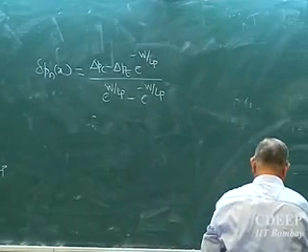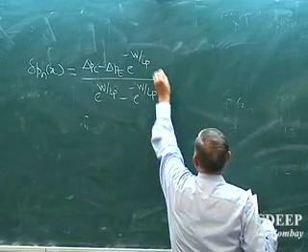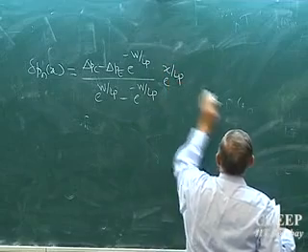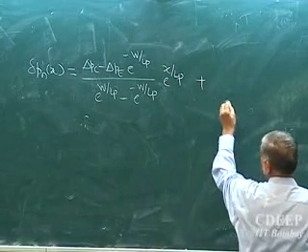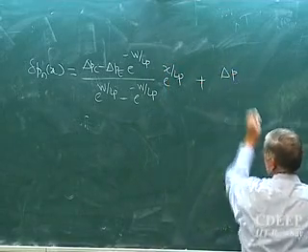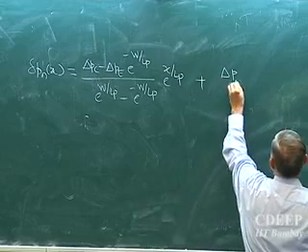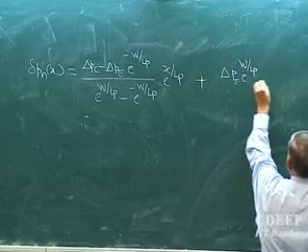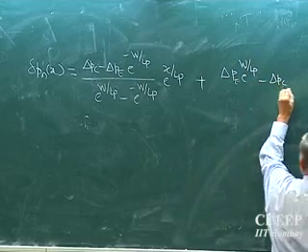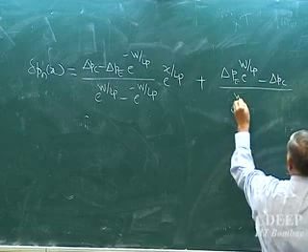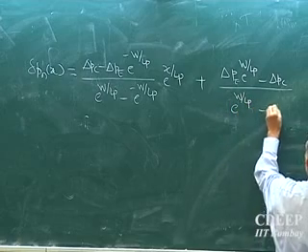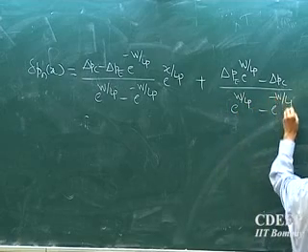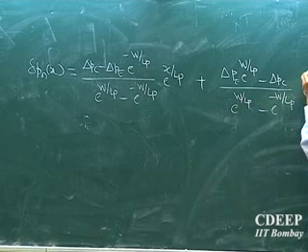This is my C1, e to the power x by LP, plus delta PE e to the power W by LP minus delta PC, divided by e to the power W by LP minus e to the power minus W by LP, times e to the power minus x by LP.